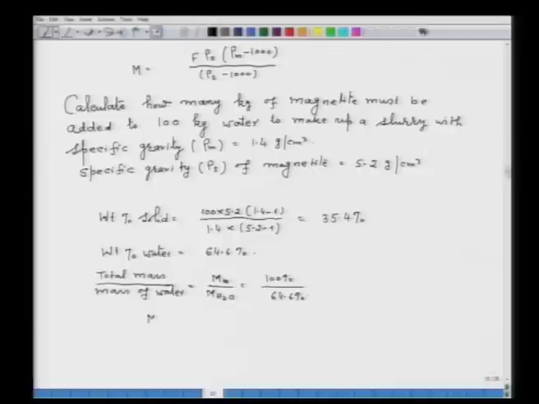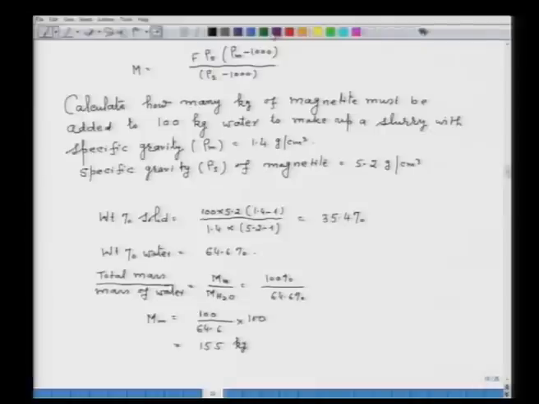So, from here it is 100 upon 64.6 into 100, which becomes 155 kg. This is the mass of the total mixture.